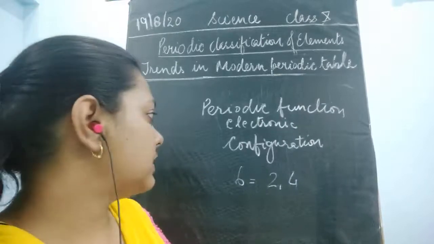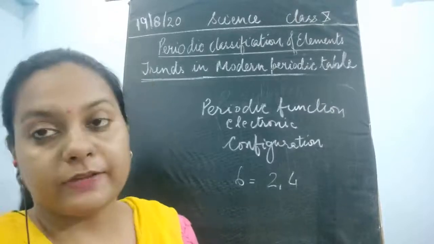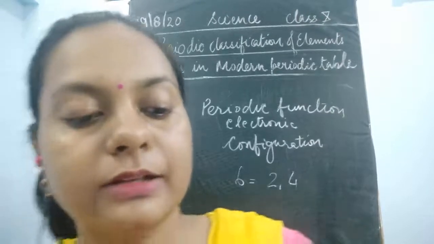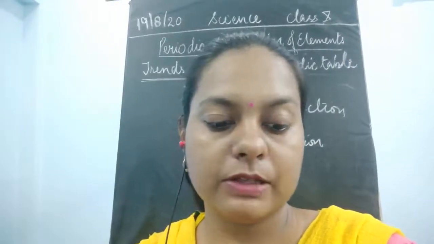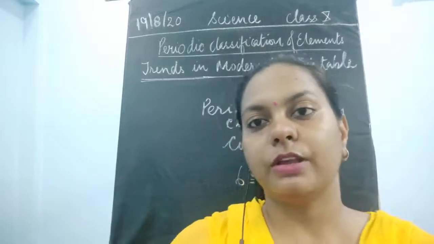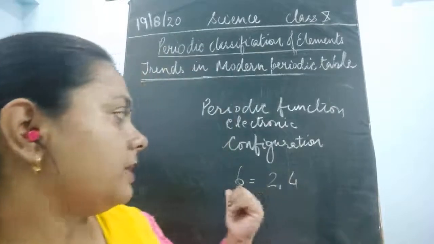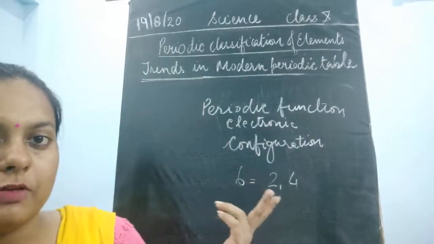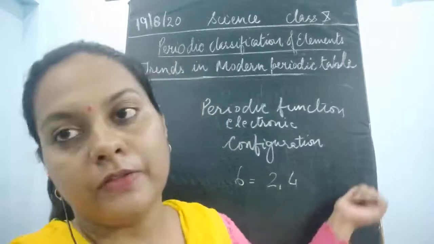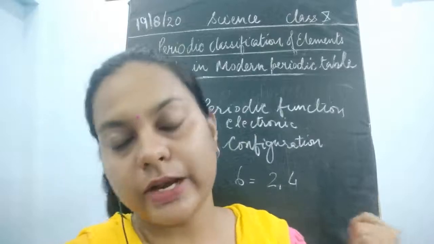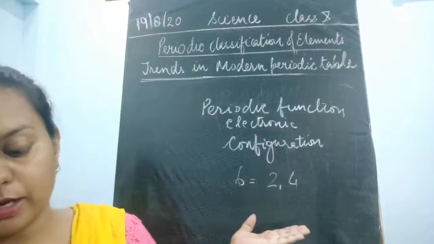This is how we can talk about the configuration, and why this is so important, as this periodic classification is based only upon the atomic number. If we talk about this atomic number, we are already talking about the different other properties also, as this atomic number alone is going to give us the number of electrons, number of protons and number of shells also. So this is the complete classification. This trend is based upon this periodic function, and this periodic function is completely dependent upon the electronic configuration, children.